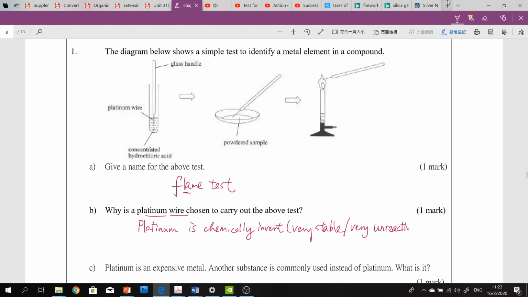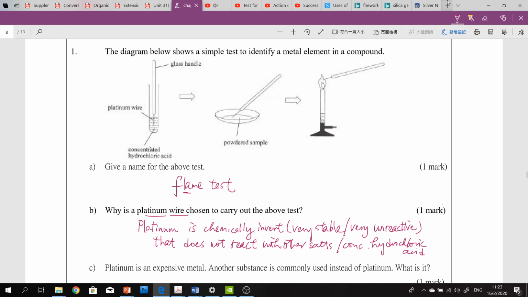We talk about the same thing: it does not react with other salts, or even concentrated hydrochloric acid. It will not react. Okay, so you use platinum.